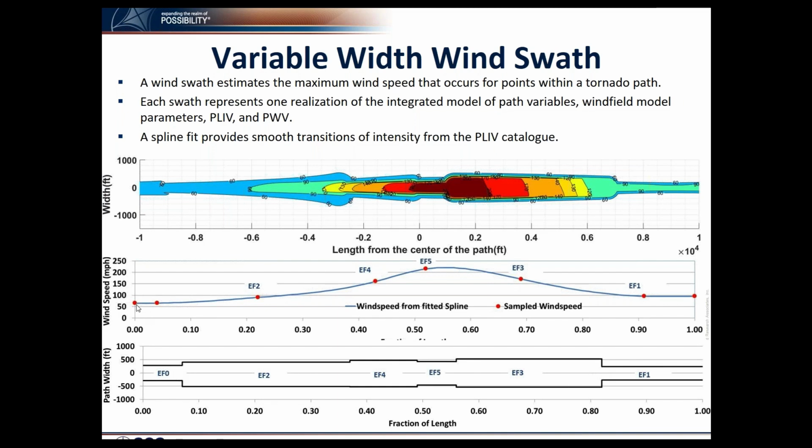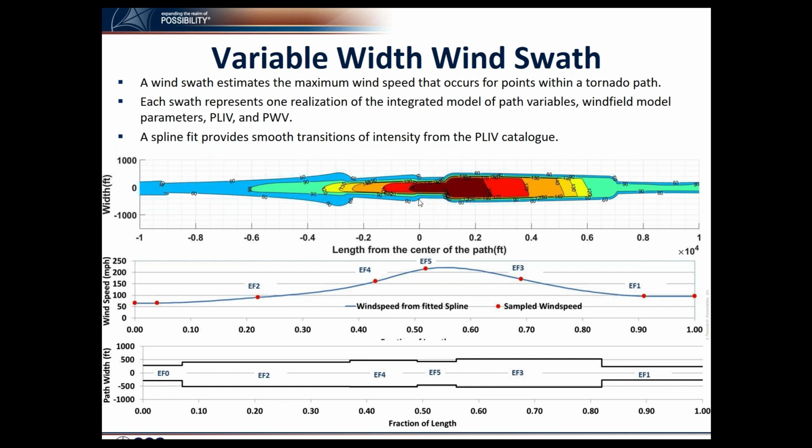And once we have that, this red dot shows the maximum wind speed along this tornado track, and then we fit it with a spline, run the wind field model, and develop the swath. So this is the produced swath, and you can see this EF5 wind event only produces wind speed greater than EF5 wind in a very small area.